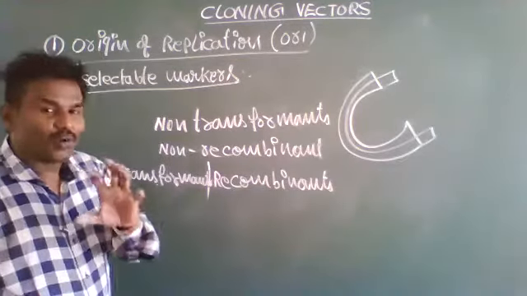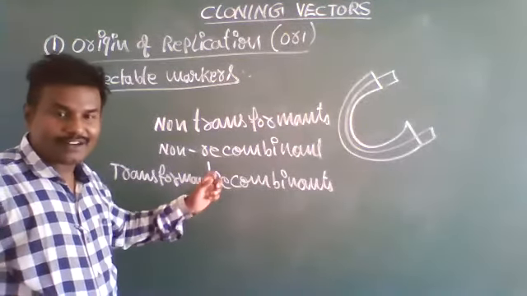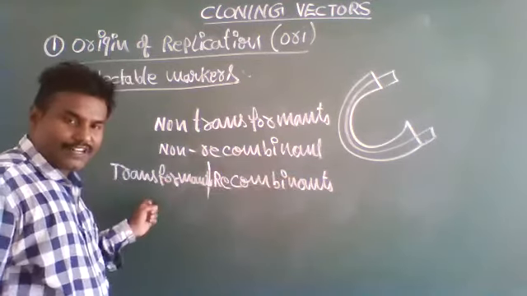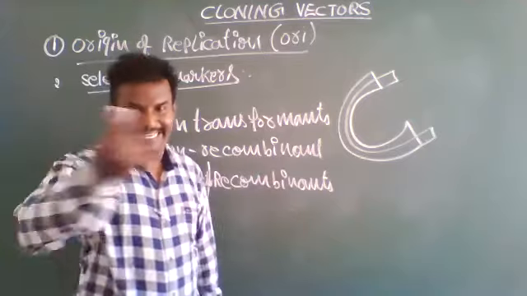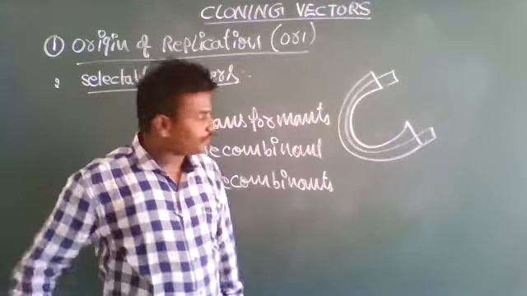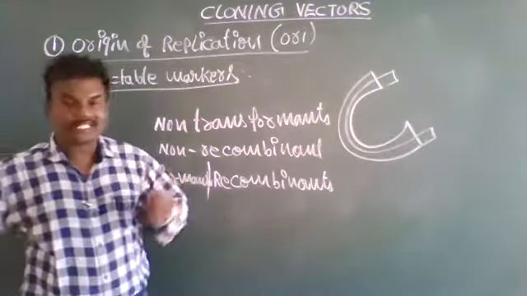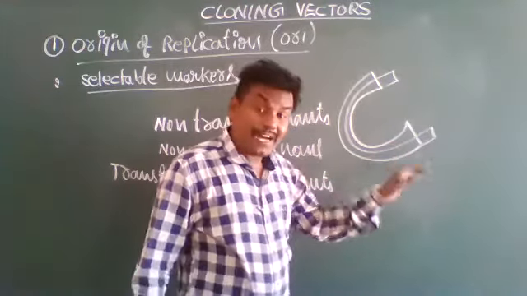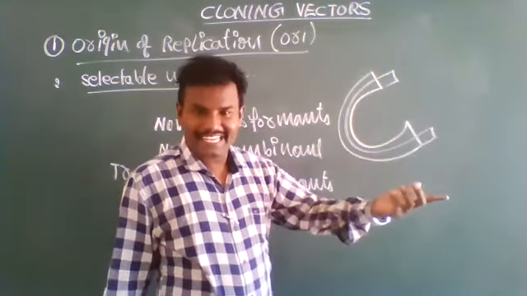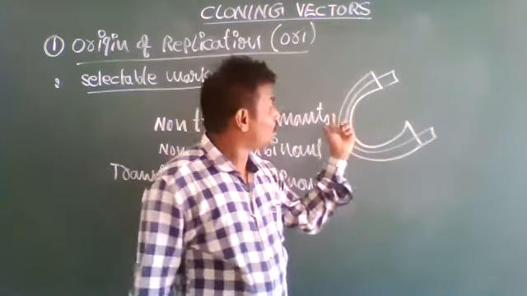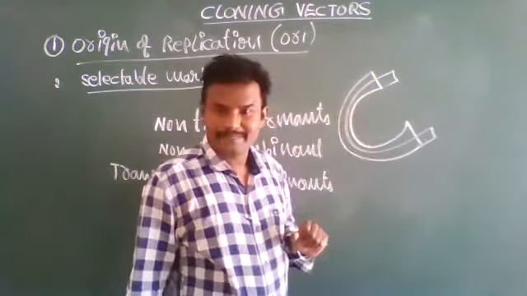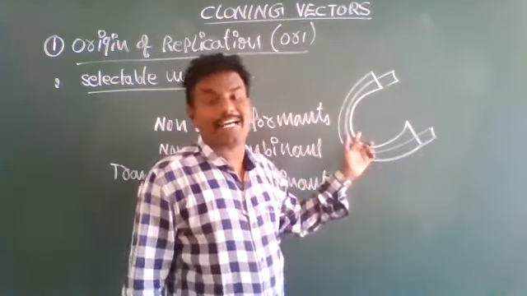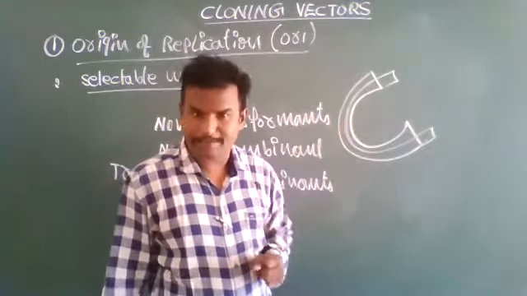Transformants are recombinants. What is the meaning of non-transformants or non-recombinants? Some of the foreign DNA is not combined with this. Just for namesake it will combine, but it is not integrated with the plasmid to facilitate replication.